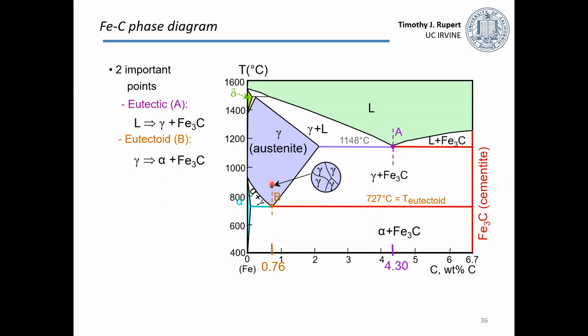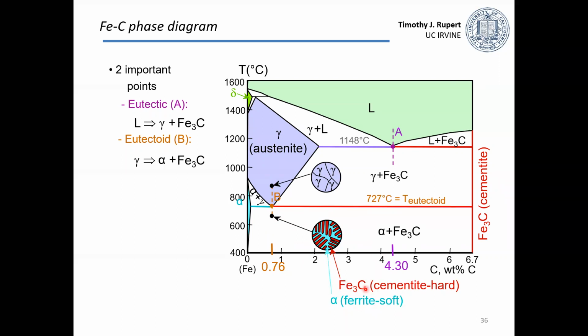This has a specific name called austenite. If we're down below that point, we are going to have two solid phases, something which is called ferrite. So this is body-centered cubic iron plus cementite. So it's some ordered compound, Fe3C.